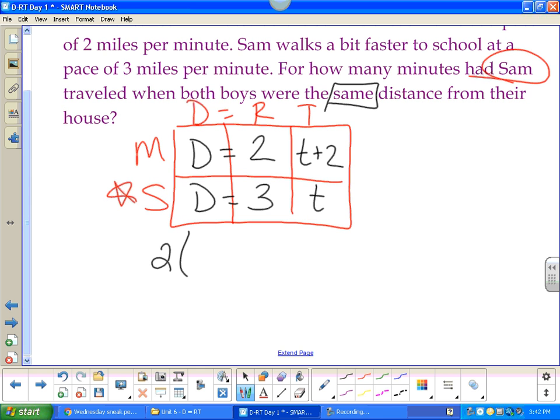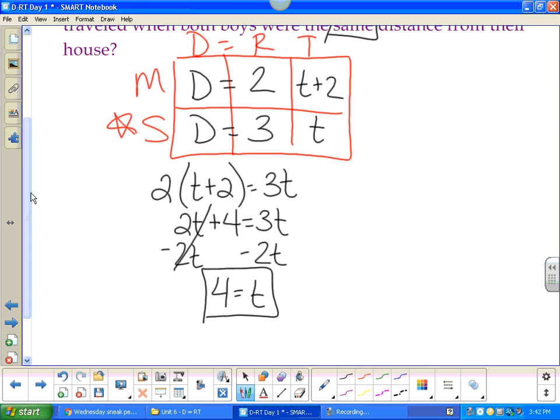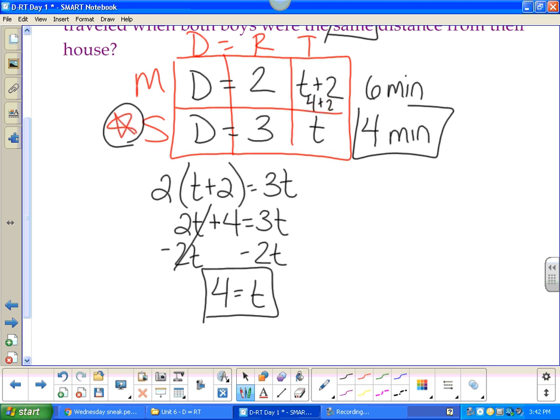So 2 times t plus 2 equals 3t. Distribute my 2 and get my t's together. So t equals 4. Okay, so let's go back and figure out what that is. So this is 4. I think these are minutes. And then 4 plus 2 would be 6 minutes. And I wanted Sam, so I want that one.